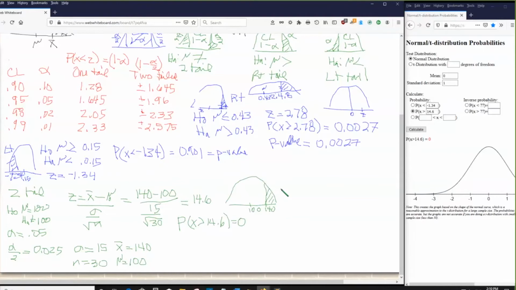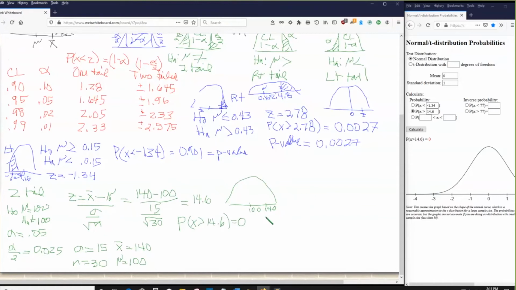Now, because it's going to be equal, we're going to have opposite sides. We want to know the likelihood that it's not equal.